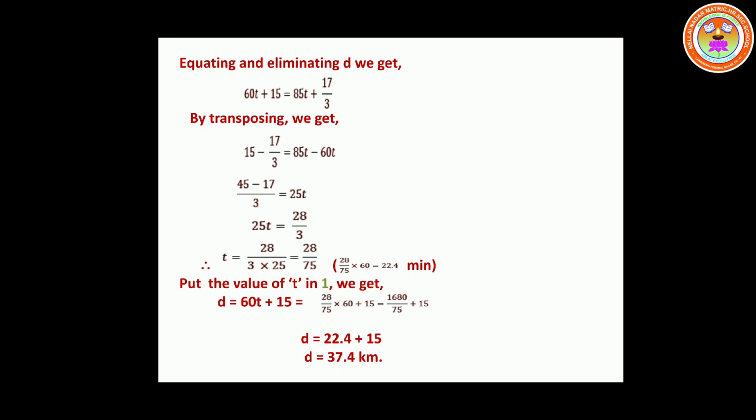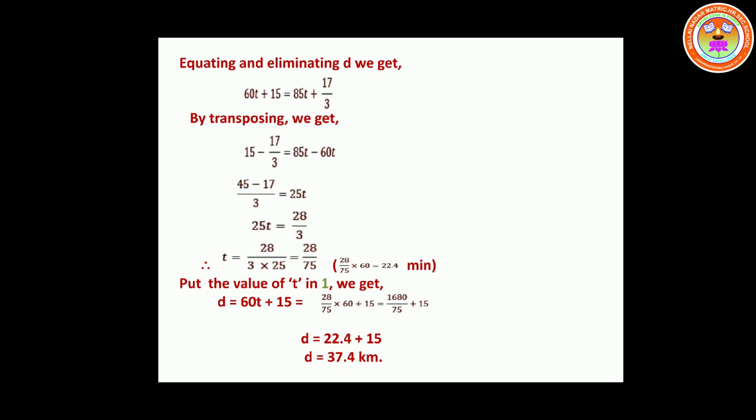Now this value t we are going to substitute in the first equation, that is d is equal to 60t plus 15. So in the place of t in equation 1, I am going to substitute 28 by 75. So 60 into 28 by 75 plus 15. Now multiply 28 into 60, that becomes 1680 by 75 plus 15. And why am I multiplying by 60?